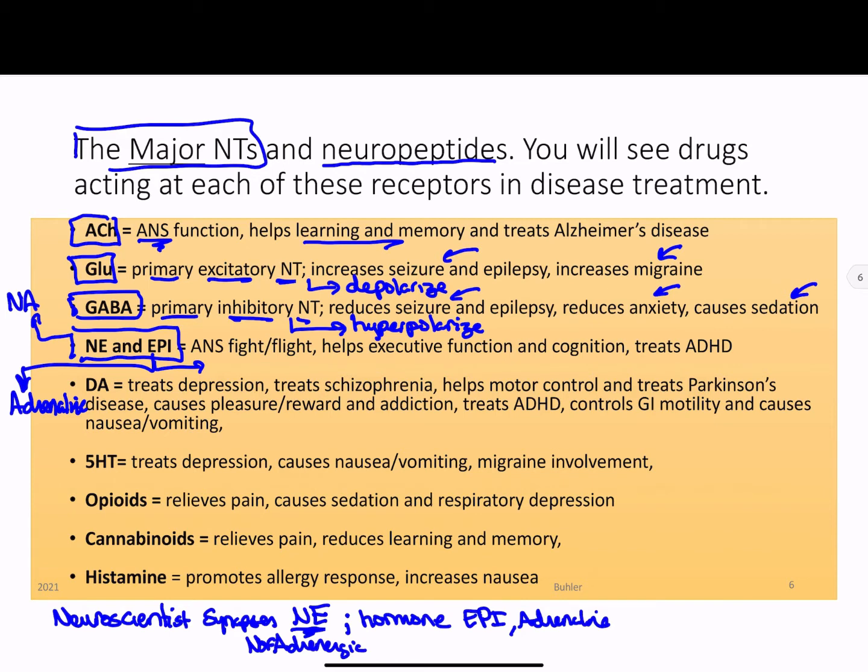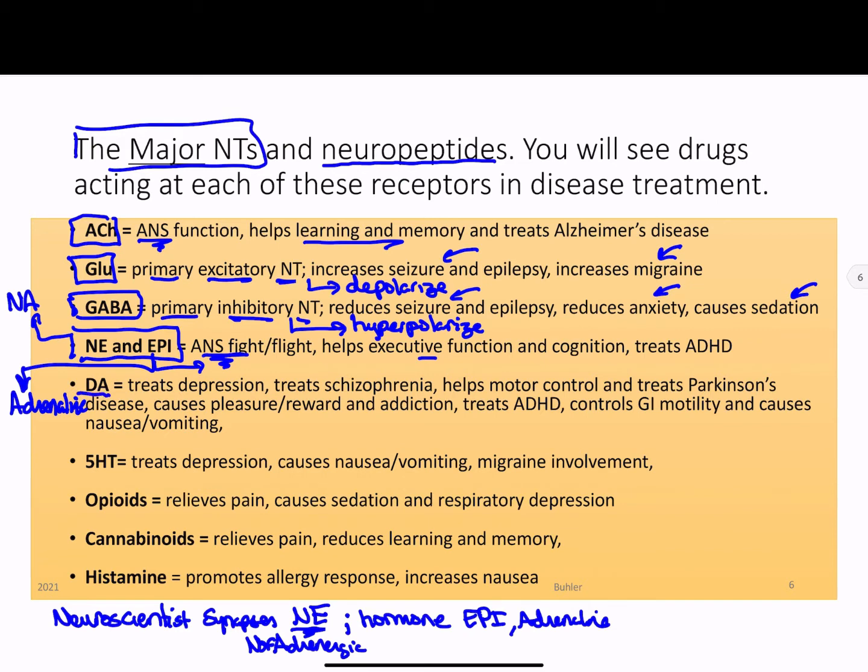Norepinephrine is that second main transmitter in the autonomic nervous system. Think adrenaline, so fight or flight. But it's also going to be involved in executive function and cognition and keeping things going and moving right up there. And just like acetylcholine, even though we're kind of pointing out the ANS, it's also involved in the CNS.